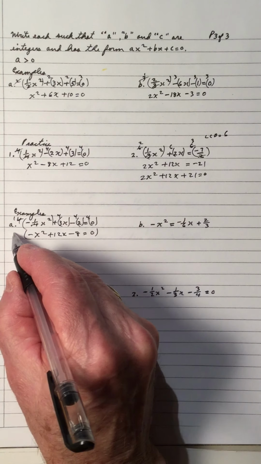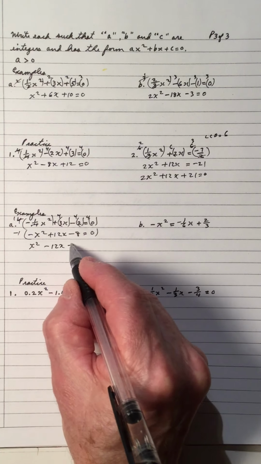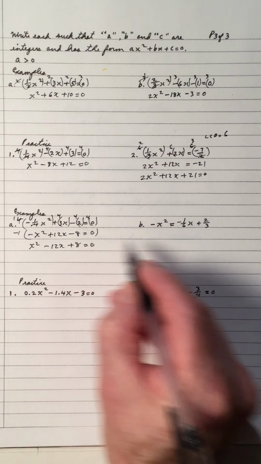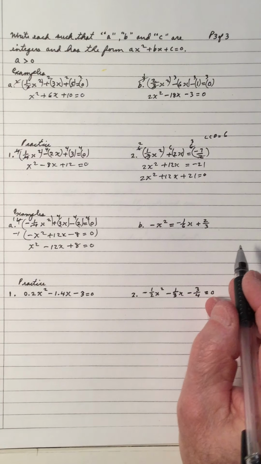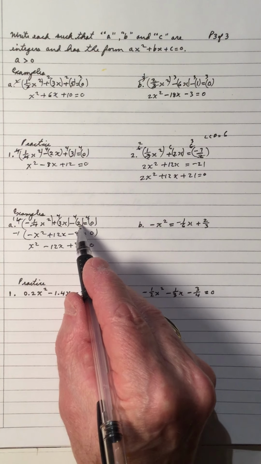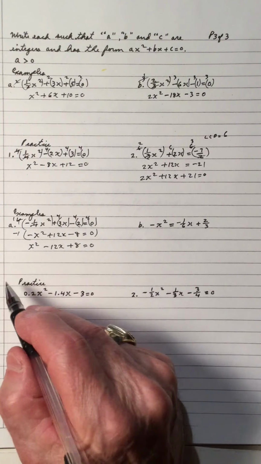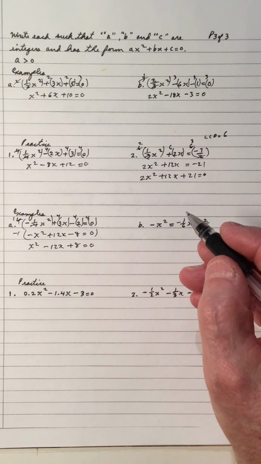And now I multiply by negative 1. So x squared minus 12x plus 8 equals 0. So we're eliminating the fraction, because we don't want any denominators, and we're getting rid of the negative. So I'll do number 2 individually.